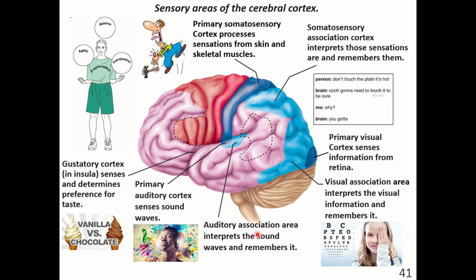The auditory association area, let's do the primary first. Primary auditory cortex senses sound waves, and the auditory association area interprets the sound waves and remembers it. And the gustatory cortex in the insula will sense and determine the preferences for taste.